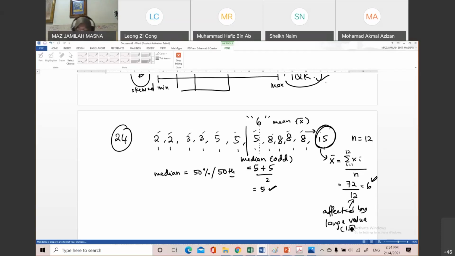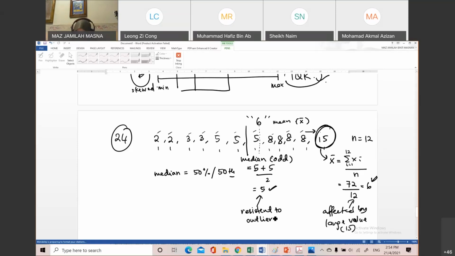So the median is what we call resistant to outlier or extreme value, because it does not affect the position of the median value.